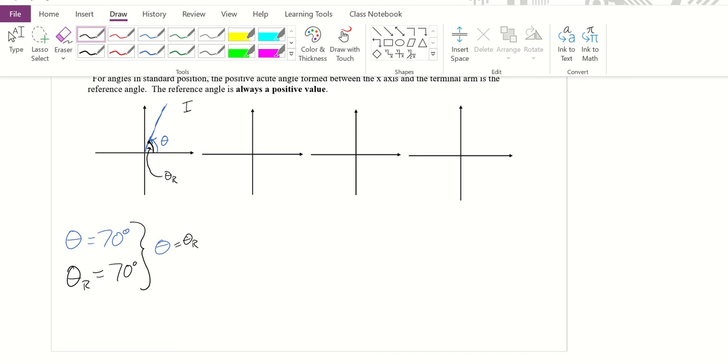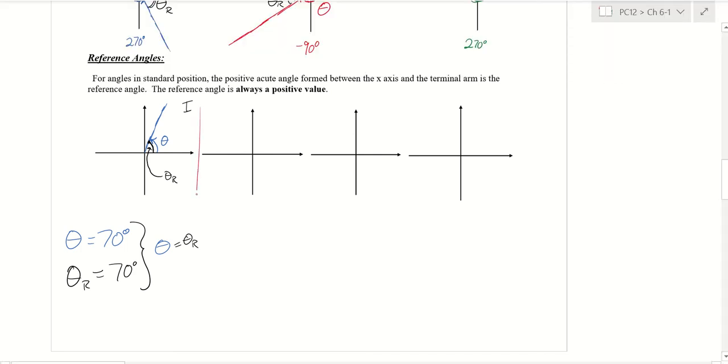So let's look at an angle of 130 degrees. For an angle of 130 degrees, we are going to want to start on our positive x-axis as always, and we are going to want to go through 90 degrees. How many degrees are we going to go past 90 degrees?